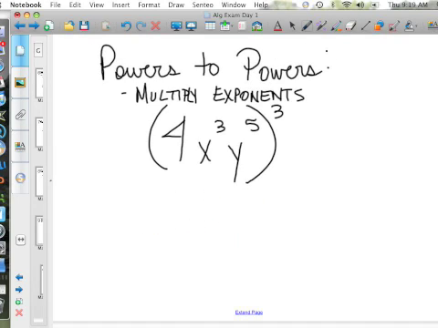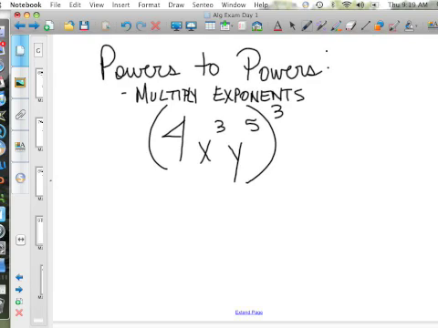And then finally, on the exponent rules, when you raise a power to a power, which means if you're raising x cubed and then you're cubing it again, you multiply the exponents. If you think about it, it's a sequential order that takes place.